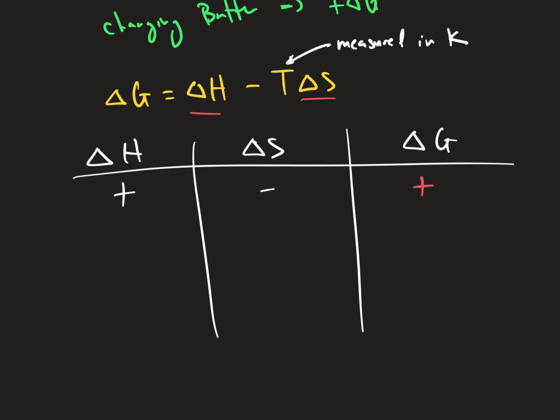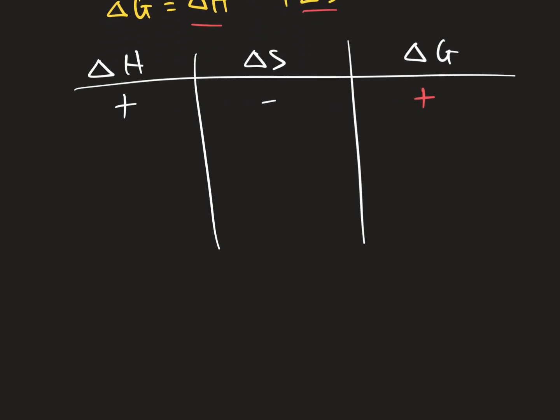Are we good? Does that make sense or no? Should I pick some numbers and show you? Here we go. Let's pick a 2. That's a positive number. Then let's pick a negative 3. So H is 2 and S is negative 3.